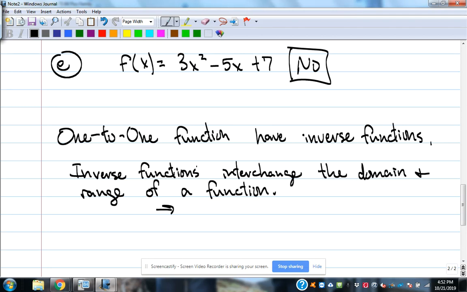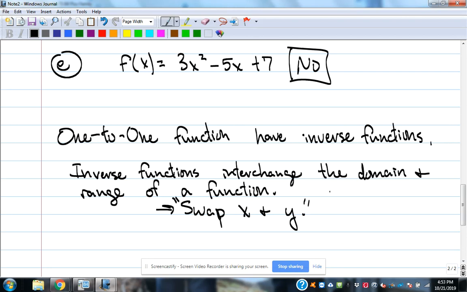The way that I always remember it in layman's terms is: swap x and y. That's the short way. Inverses swap x and y.